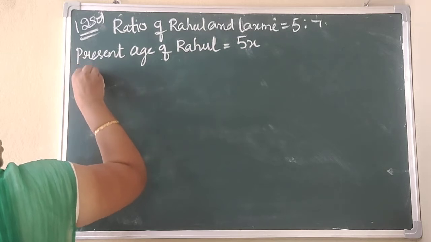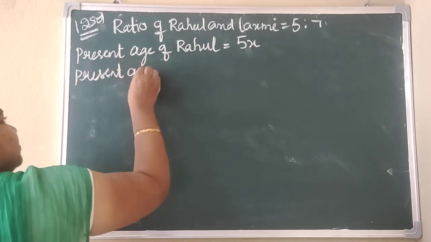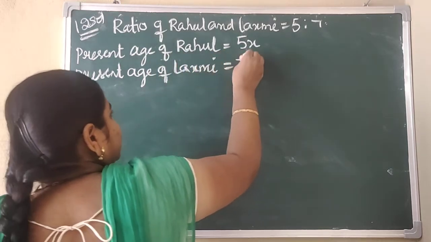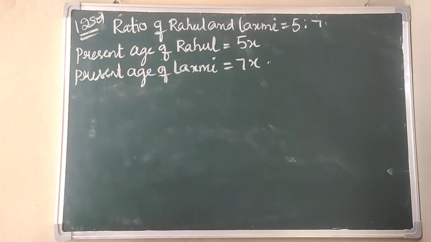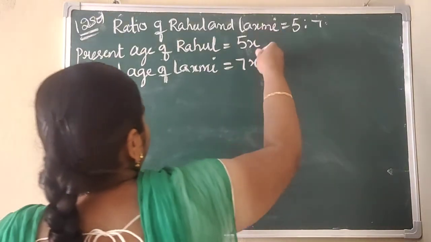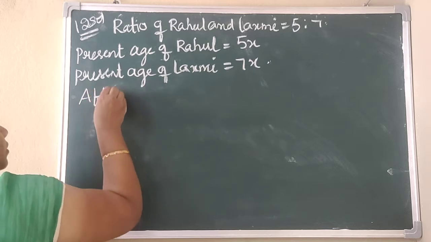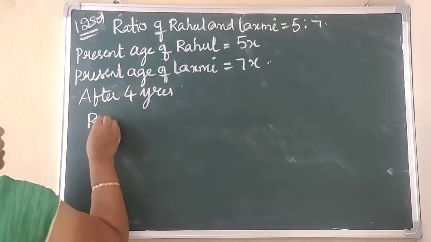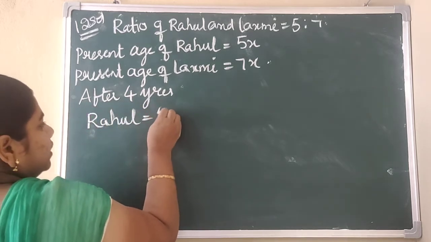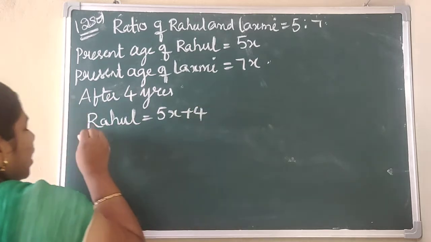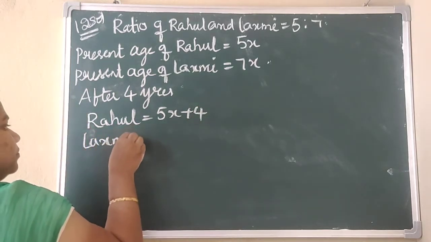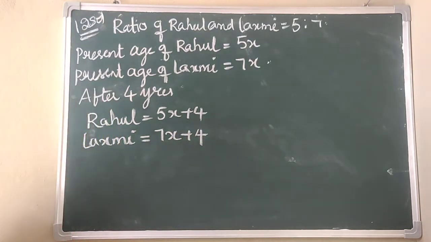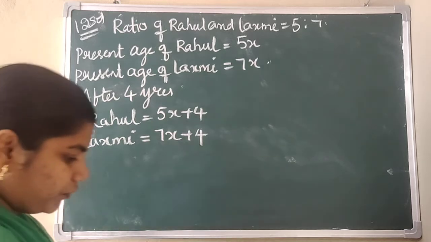And the present age of Lakshmi is 7x. After 4 years means we have to add plus 4 to each. So after 4 years, Rahul's age will be 5x plus 4 and Lakshmi's age will be 7x plus 4. And if you add these two, the sum of the ages will be equal to 56.